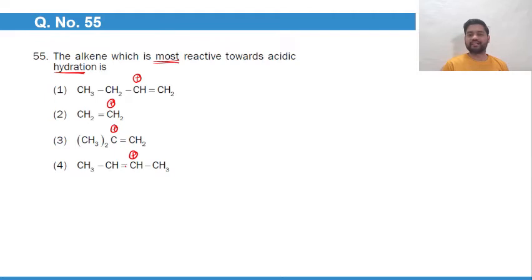It's a symmetrical alkene. So here if you see, the total number of alpha hydrogens that you'll be getting is 5. Here 0. Here the total number of alpha hydrogens will be 9 and a 3 degree carbocation is there. Over here a 2 degree carbocation and 6 alpha hydrogens. So the most stable carbocation will be formed by the alkene in option number 3. So 55, option number 3 will be the right answer.